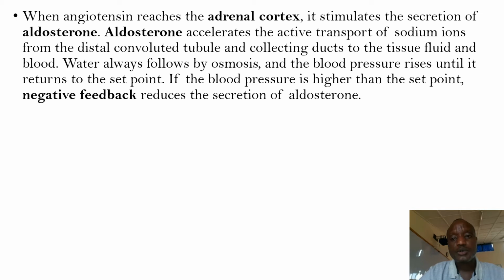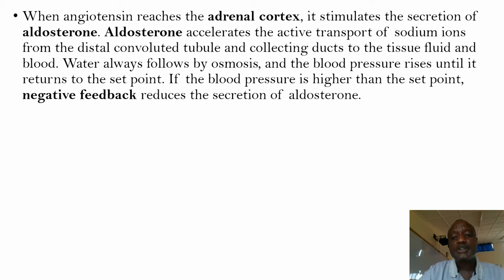This is true because once the tissue fluid and blood are both highly concentrated with sodium ions, this would trigger osmosis. And whenever you talk about osmosis, you understand water basically. That's why they say water always follows by osmosis, and the blood pressure rises until it returns to normal, the set point.